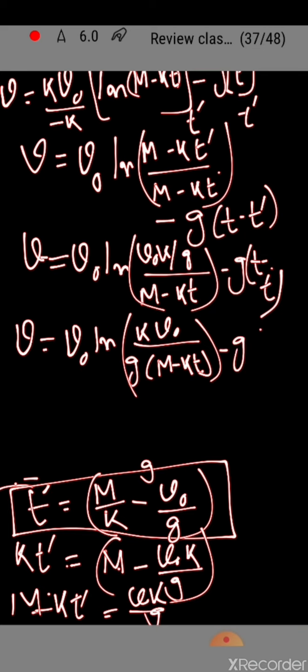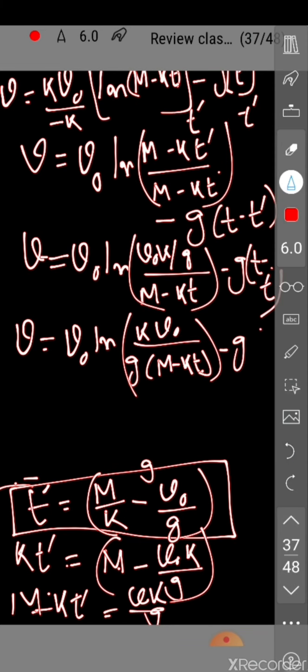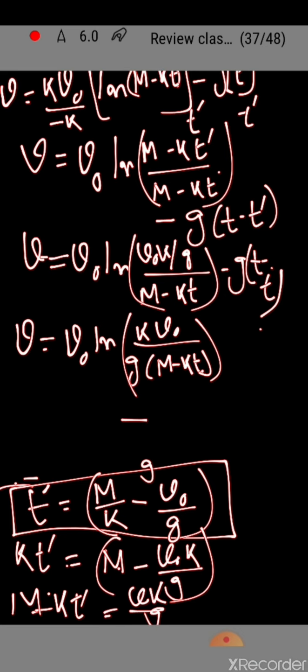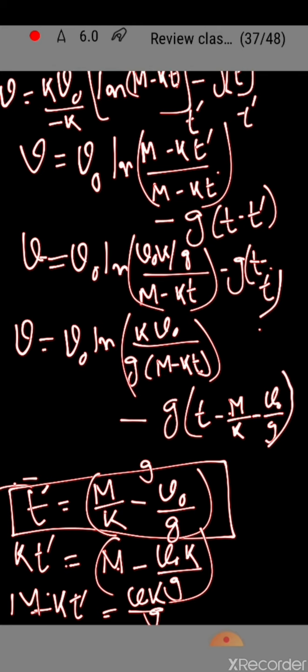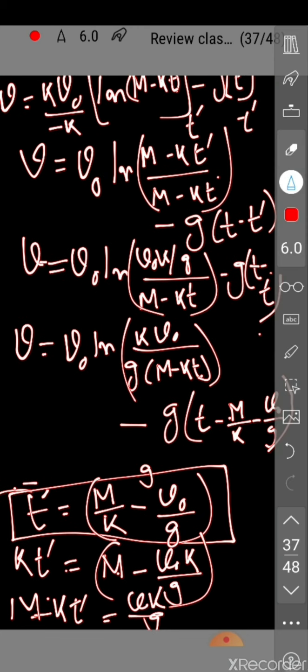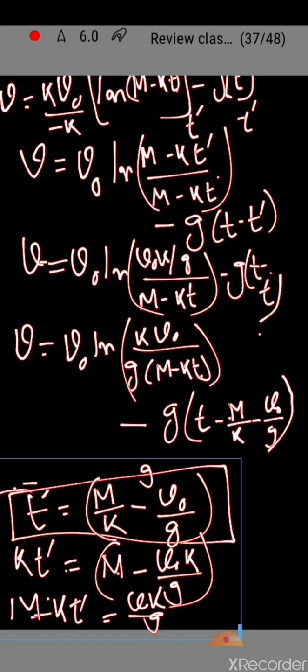So minus g into t minus t dash is equal to minus g t minus m by k minus v naught by g. When you open the bracket, one g will be cancelled, one gt term will be there, one mg by k term will be there. This will be the equation. These two are not required, so I'll delete these equations.